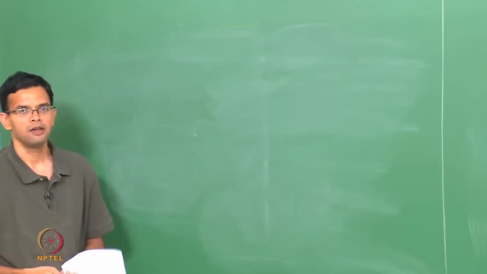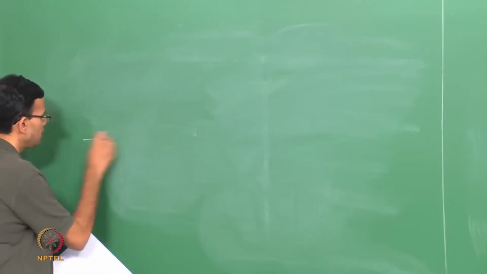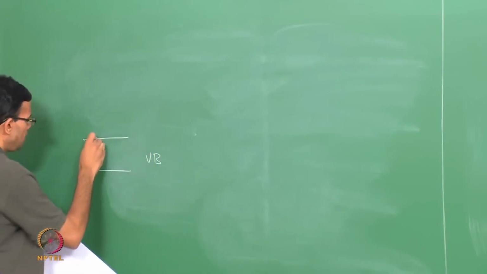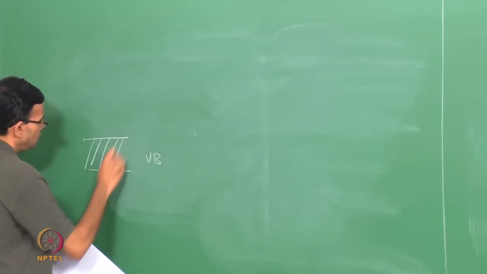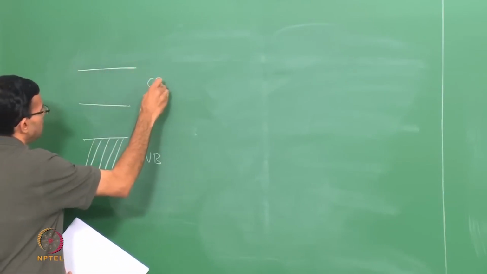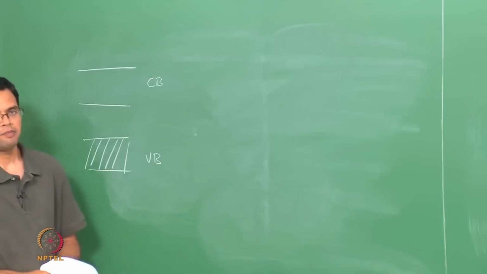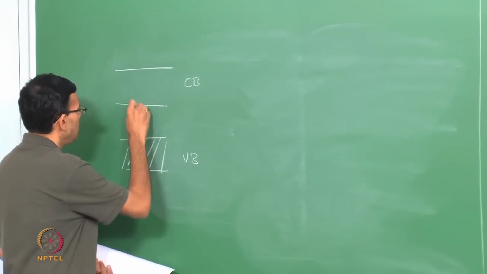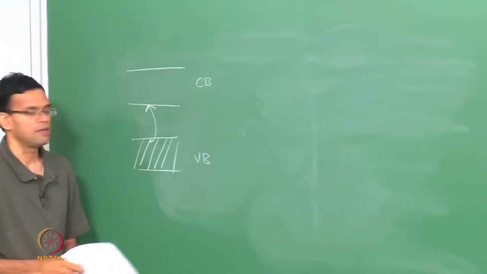So, let us go back to the picture of a semiconductor. You have a valence band that is full and a conduction band that is empty. At any temperature you can have electrons from the valence band being excited to the conduction band.